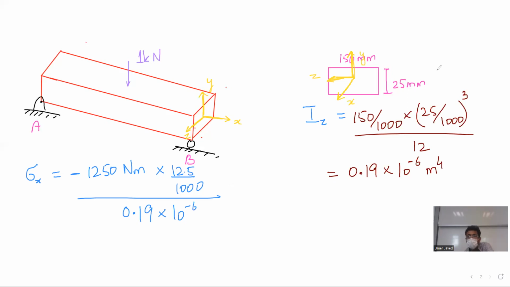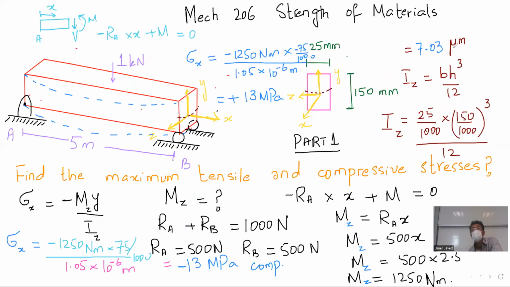Hang on, I think the units are wrong, by the way. Please, everyone, the units are wrong, right? It's not micrometer, it's micro. Oh, hang on. So I think there is some confusion. This is in meter power 4, so you have to give me in 10 power minus 6.